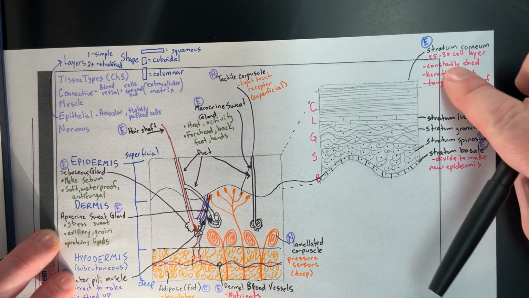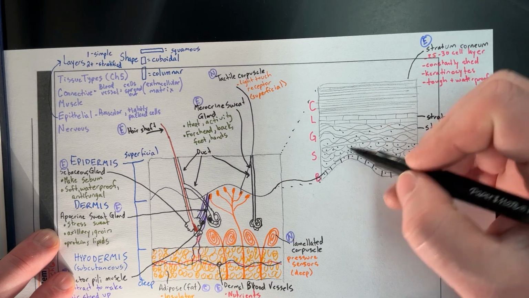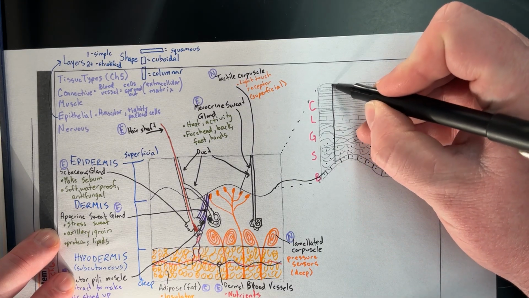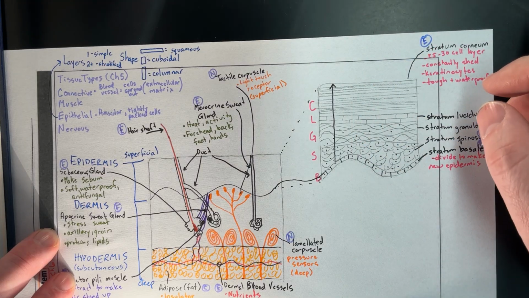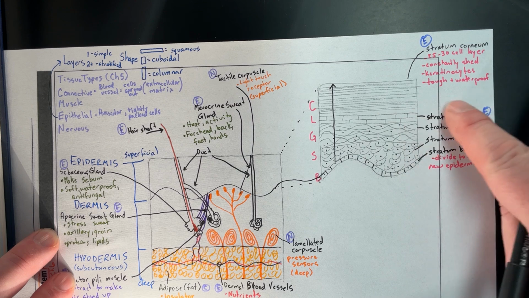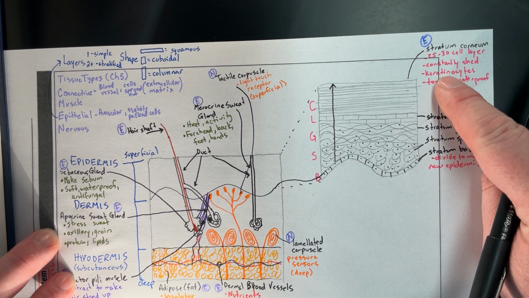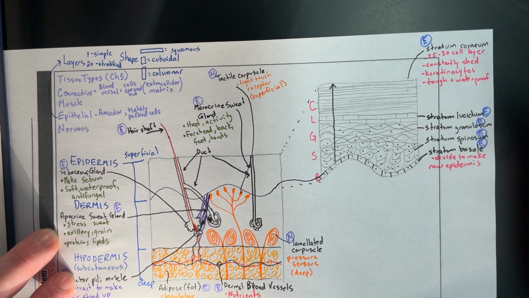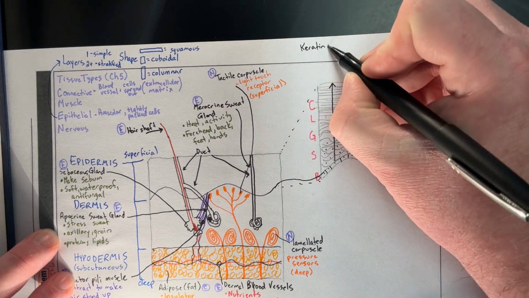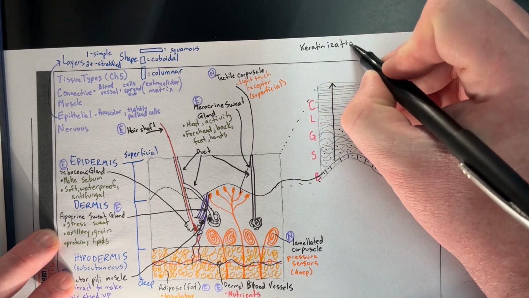Now, the process that happens as these stratum basale cells divide and move upward, we already talked about how they lose their nucleus, and what happens is these cells undergo a transformation to become keratinocytes, and that process is called keratinization.